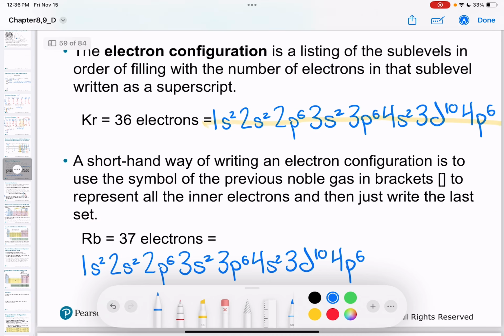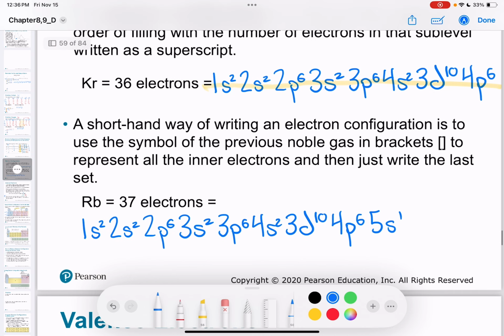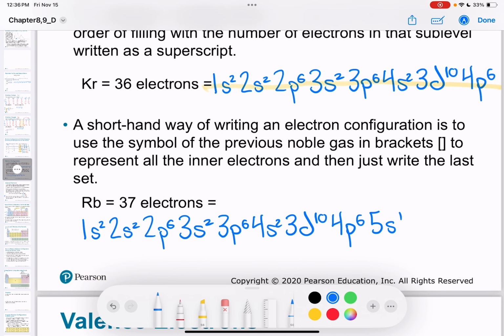Okay, so back down to here, all we do is add 5s1. Because we're just repeating everything from the previous noble gas, and we use the noble gases because those are the ones most sure of their electron configurations being perfectly correct, because they're completely filling that valence shell.